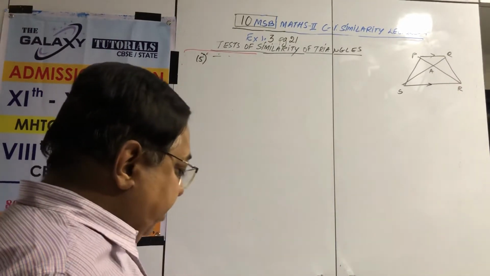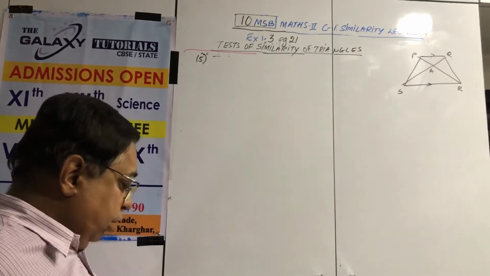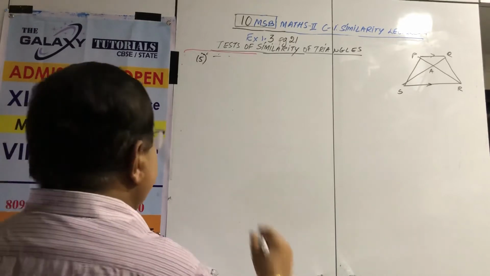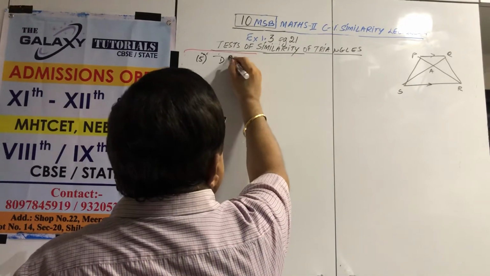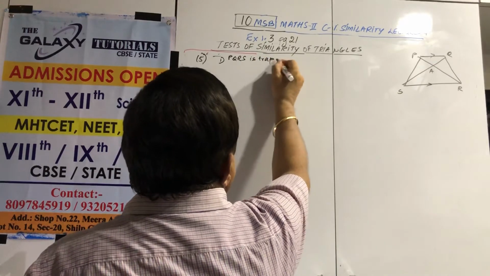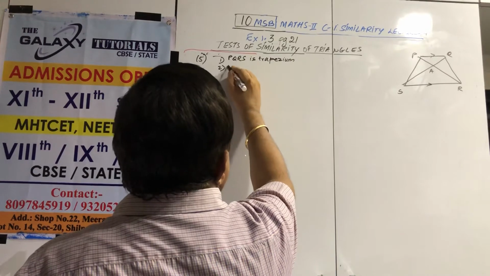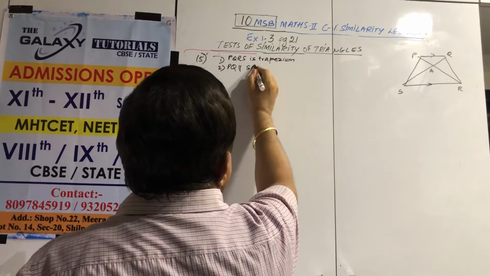AR is 5 times AP and AS is 5 times AQ. So first, PQRS is a trapezium, given. Second, we have PQ parallel to SR.